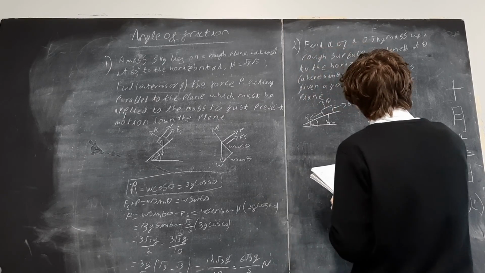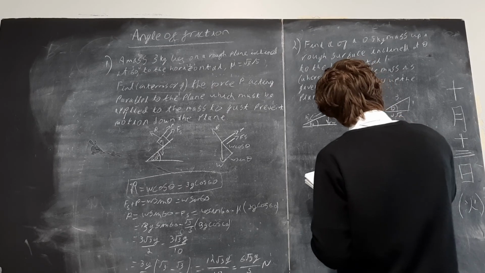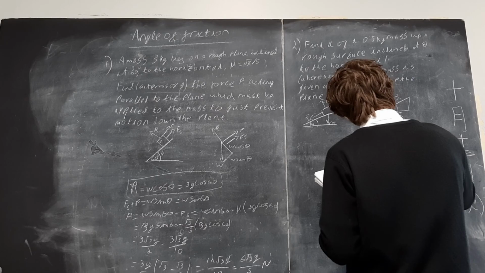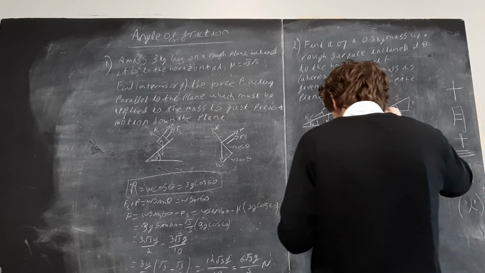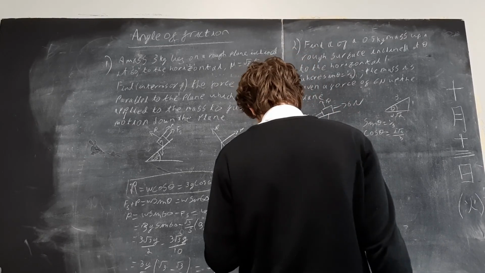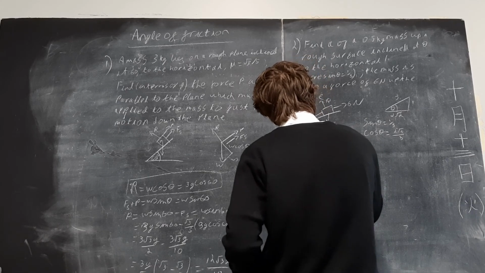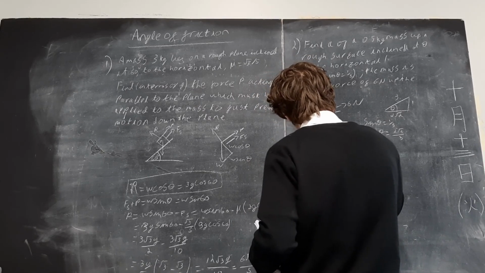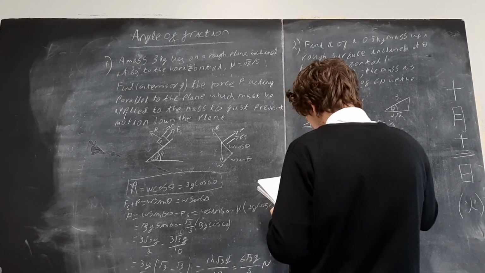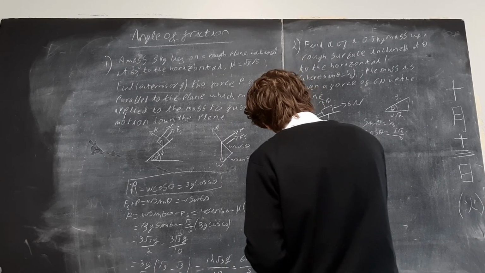So sine theta is 1/3, cos theta is 2 root 2 over 3. Again, we've got the W cos theta, W sin theta. The net force is up the slope, so R is equal to mg cos theta. And we'll leave it like this for the time being.